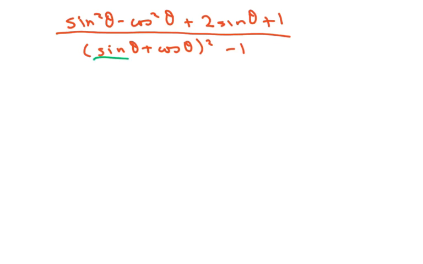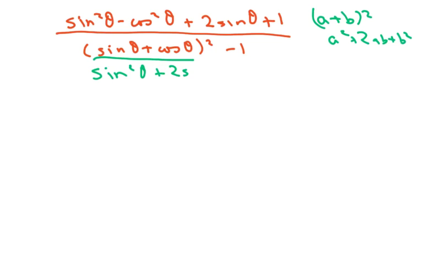So I'm going to take care of this little bit. This is your A plus B squared, which is A squared plus 2AB plus B squared. So that's going to be sine squared theta plus 2 sine theta cosine theta plus cosine squared theta minus 1.